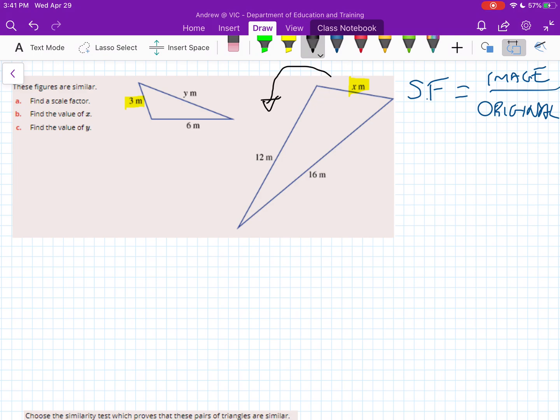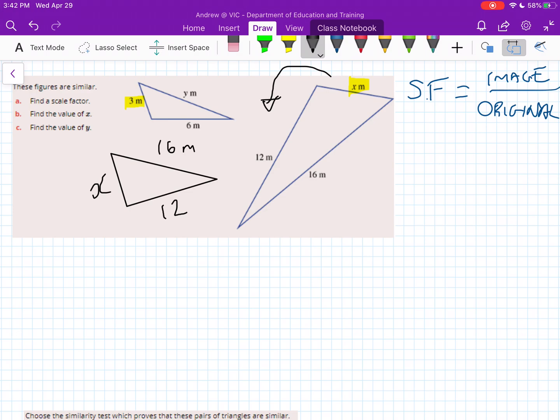So it would look something like this, and I'm just going to try and draw it out again here. And obviously this is not to scale. So something like that, and we would have the length. If you keep flipping it around like that, you would have 12 on the bottom, you would have X there, and 16 on the top.